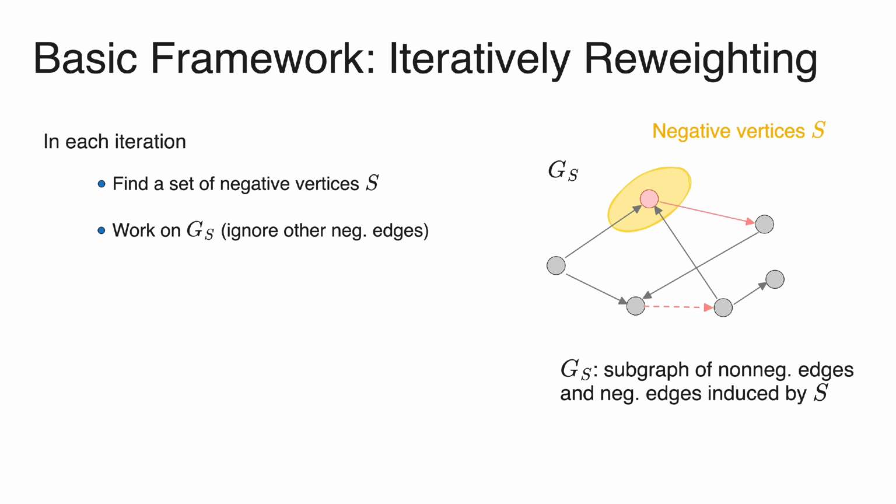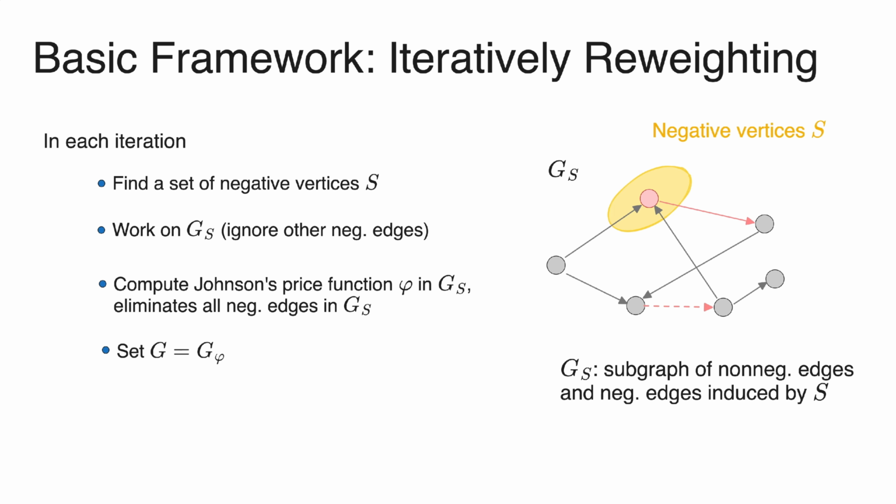In each iteration, we will find a set of negative vertices, S, and their corresponding negative edges. And we hope S has some special structure we can utilize later. Then we focus on the subgraph induced by S, so the set of negative edges corresponding to S plus all the non-negative edges.